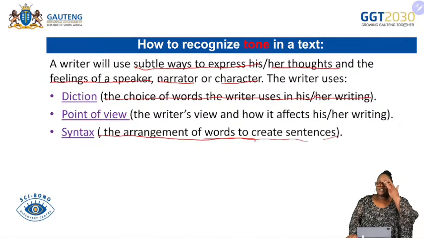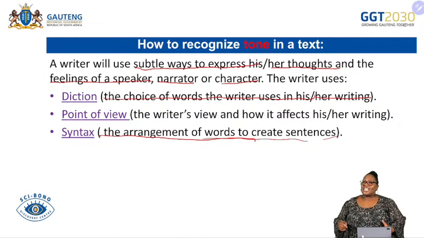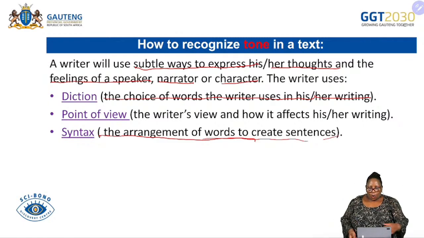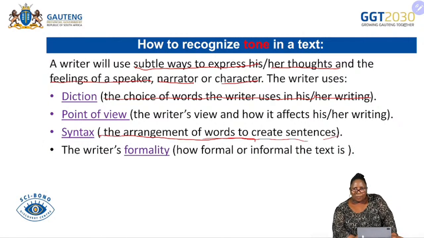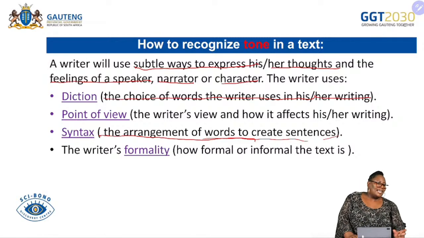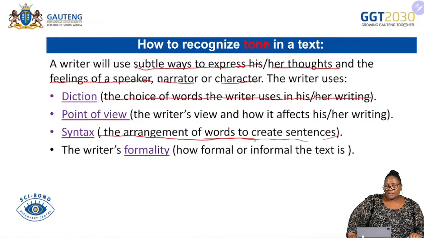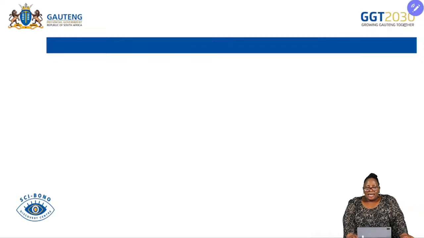The arrangement of words to create particular sentences, and from there you can detect the tone according to what? To the arrangement of words. The writer's formality, how formal or informal the text is. So you can easily check on that. Right. Let's move on.